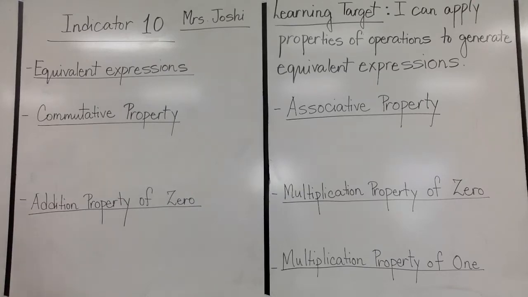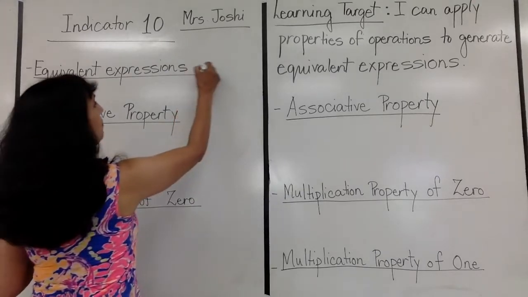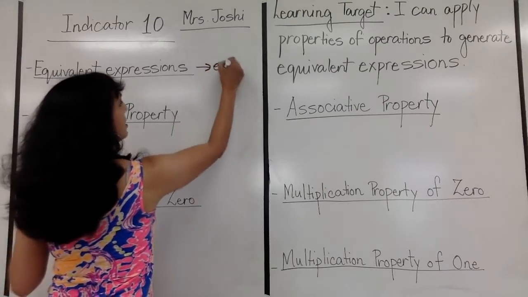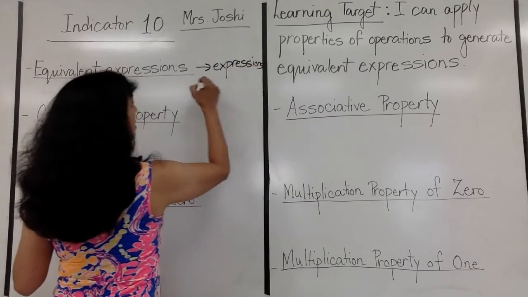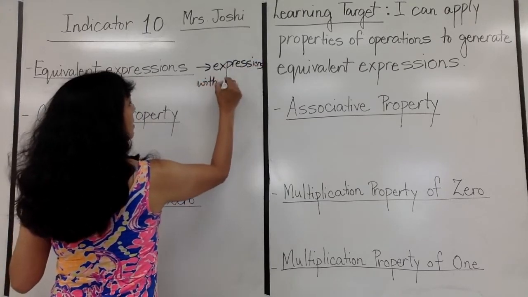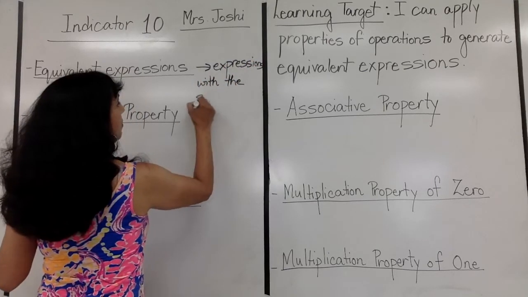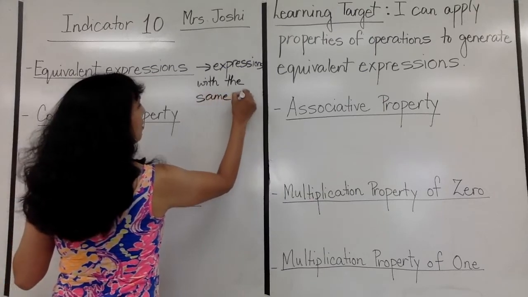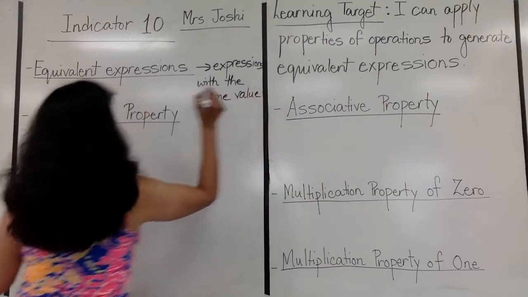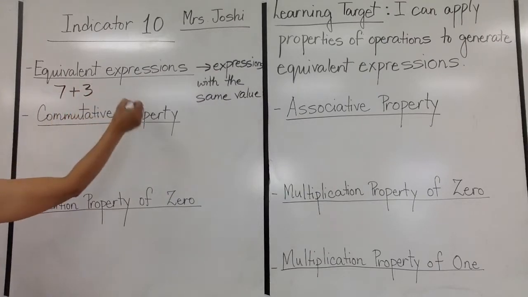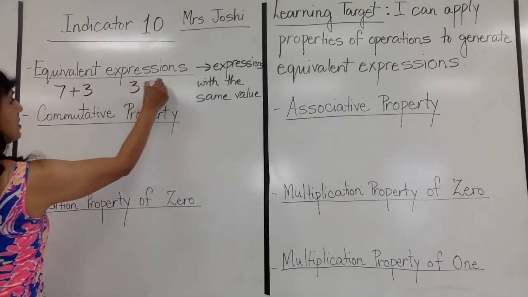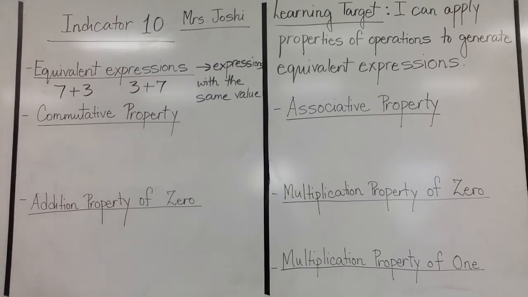Expressions that have the same value are equivalent expressions. So with the same value, okay? So if I say 7 plus 3, or if I say 3 plus 7, these are equivalent expressions, okay?